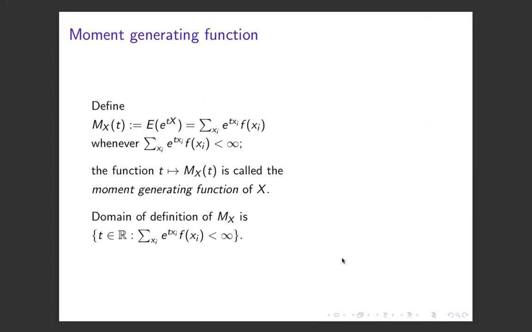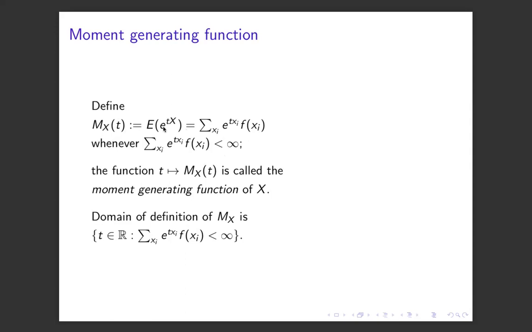And though we will not be seeing moment generating function much in this course, it is also something like this. We define m sub x of t as expectation of e to the power tx, which, since these are discrete random variables, is summation over xi of e to the power t xi times f of xi, where xi varies over the range of x.